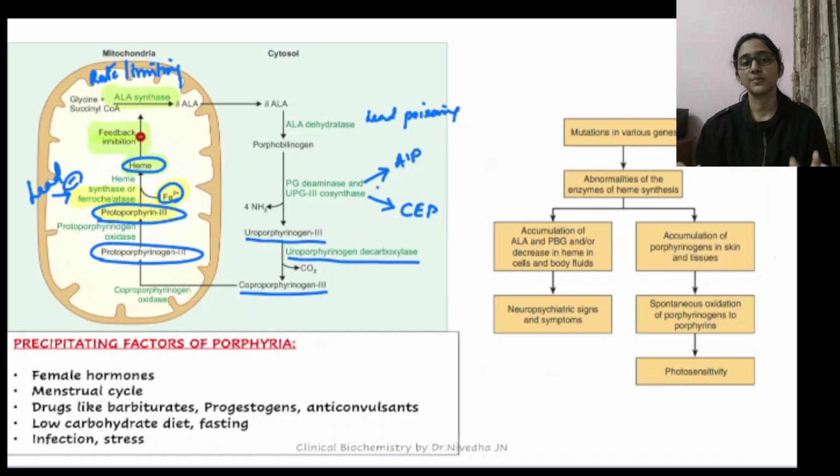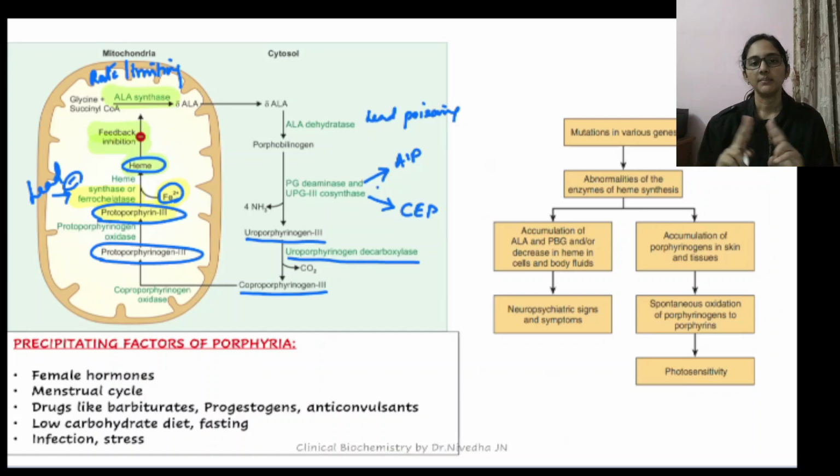so they will predispose. The patient is already deficient in a heme synthesis pathway enzyme, and already having porphyric symptoms. In this, again, these factors can actually precipitate the porphyria. That's what you have to remember. So female hormones, menstrual cycle, of course. Before menarche or after menopause, the symptoms are less.